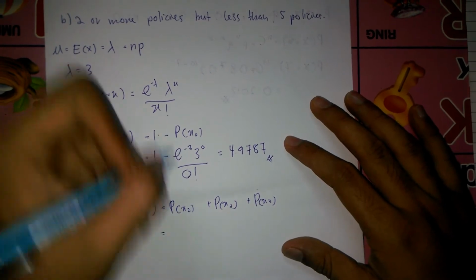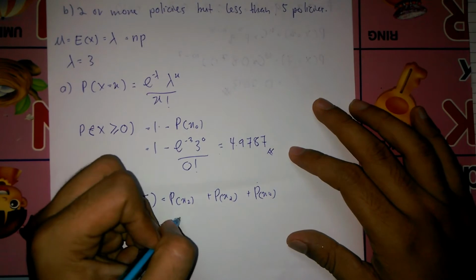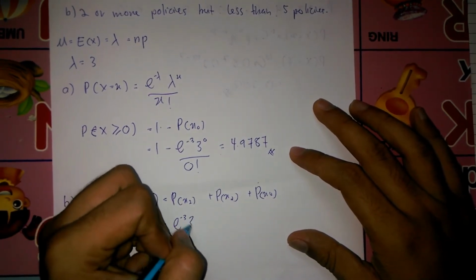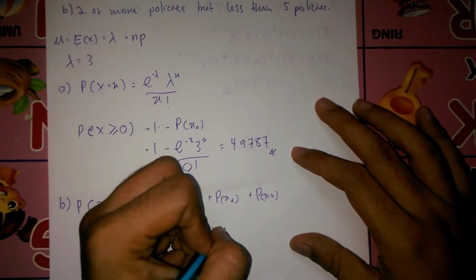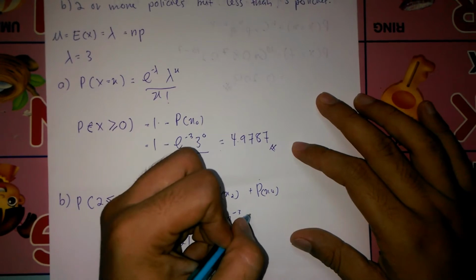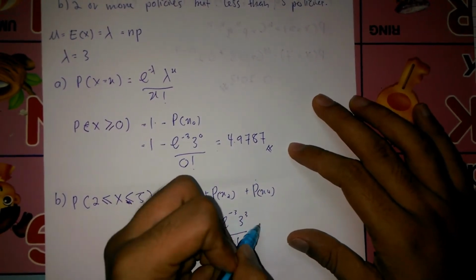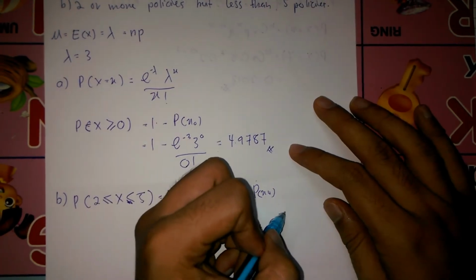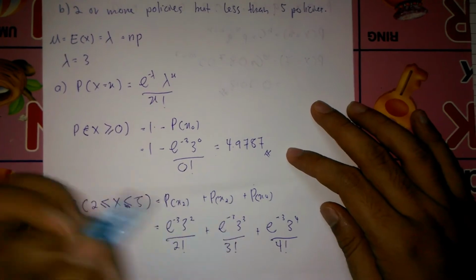So we replace in this equation: e to the power negative 3 times 3 squared over 2 factorial, plus e to the power negative 3 times 3 cubed over 3 factorial, plus e to the power negative 3 times 3 to the power 4 over 4 factorial.